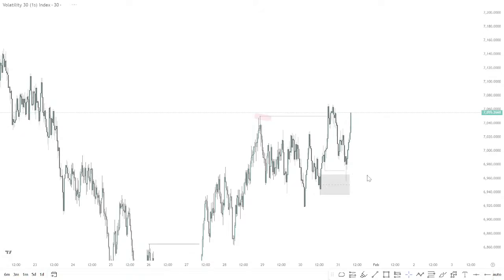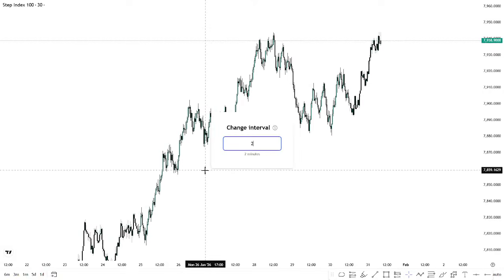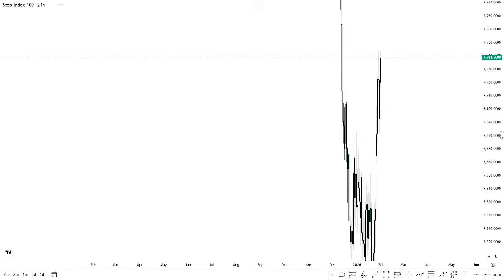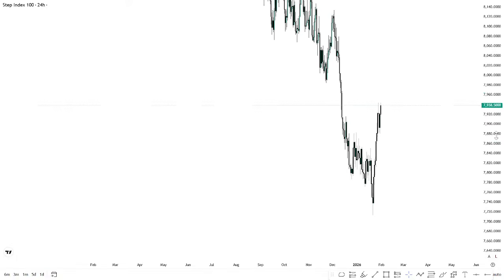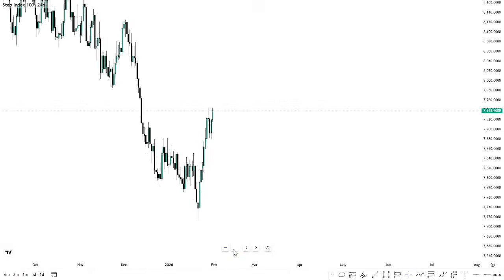The normal step index is the Step Index 100 on TradingView. So let's go to the 24 hours time frame. All right, so we had our last break of structure here.